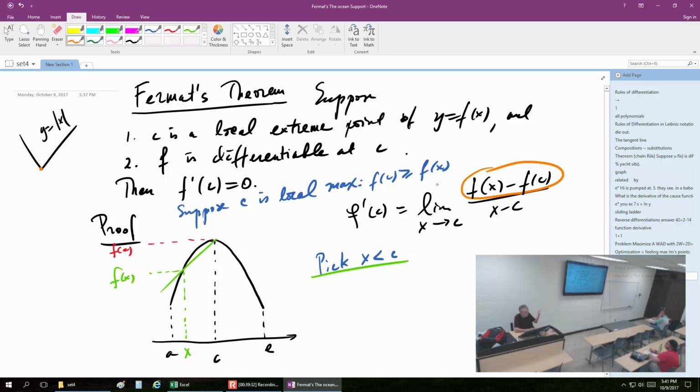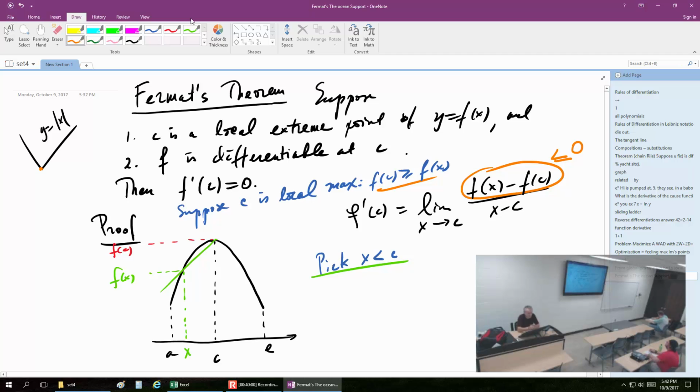No, look, it will be negative. f of c is larger than or equal to f of x, right? So this will be negative. It could hypothetically be 0, certainly, so let me put an equal sign here.